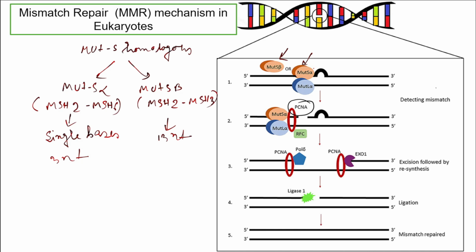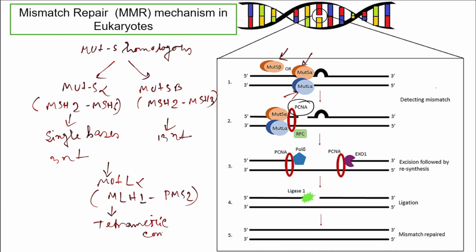After that, MutSalpha and MutSbeta recruit MutLalpha. MutLalpha, a heterodimer of MLH1 and PMS2, is recruited to the site of MutSalpha and forms a tetrameric complex, because MutS has two subunits and MutLalpha has two subunits, so the total is a tetrameric complex.